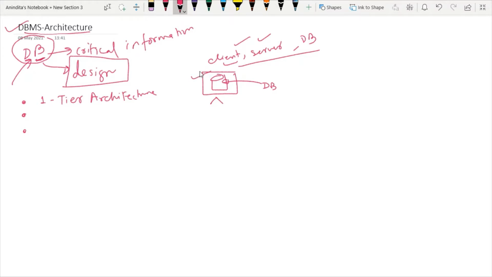In simple words, if you install database software on your personal PC, it will act as a one tier architecture.